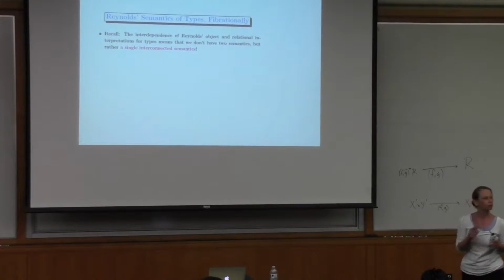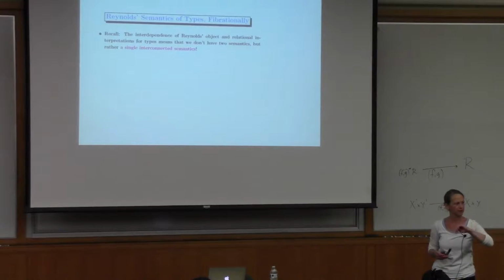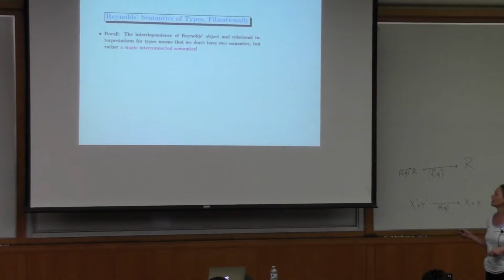So we don't just have one semantics, we have this interconnected semantics. Because remember that when we were interpreting types, for variables we had complete independence, and by the time we got to arrow types, we had the relational interpretation dependent on the object interpretation, and by the time we got to foralls, there was all kinds of mixing of levels. Okay, so we have these two interconnected semantics.